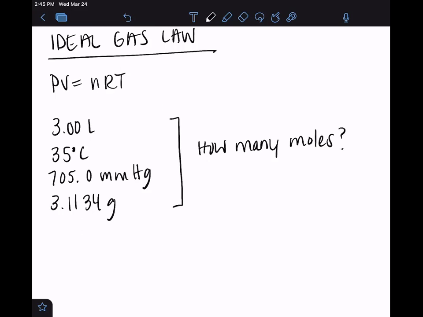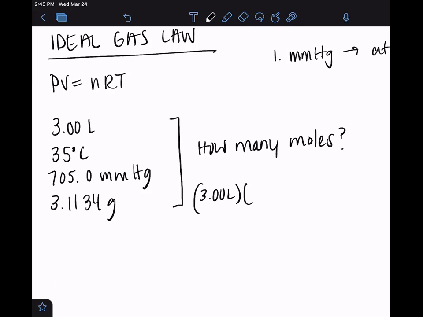So we'll go ahead and plug things in. You'll have 3.00 liters times, well, what's the volume, right? Which is 3.0. What's the pressure? The pressure is 705 millimeters of mercury. Okay, the thing here with the ideal gas law is two things. One, your millimeters of mercury must be converted to atmospheres.